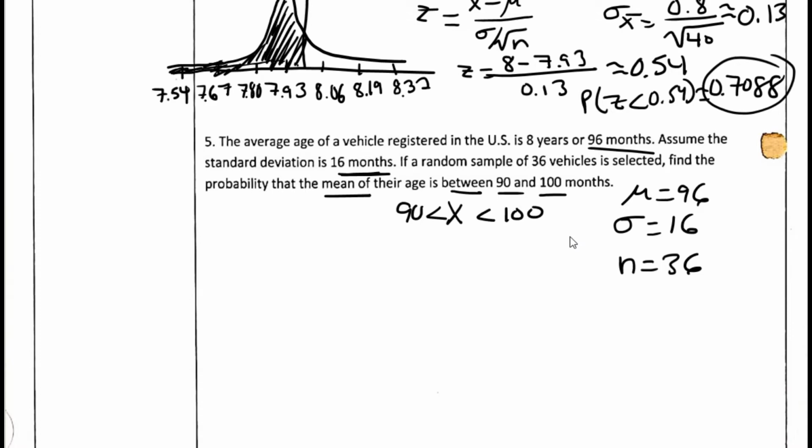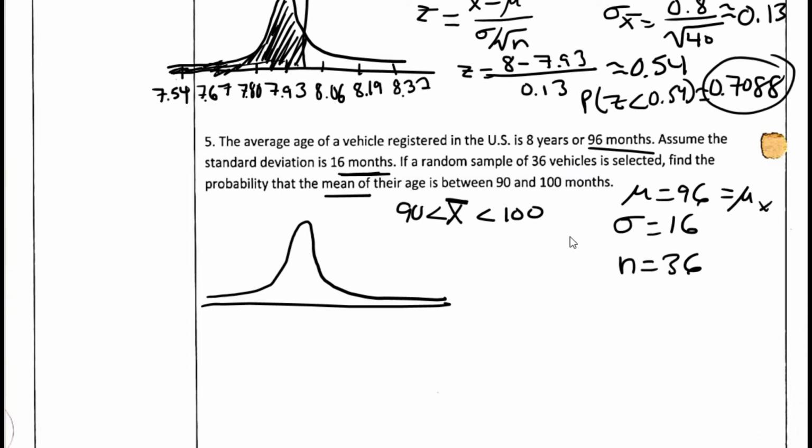So that means we're looking for 2 z-scores, 2 x bars. All right, so let's draw this out real quick. So we have the skinny bell curve, since we are looking at x bar. Okay, let me erase this because this is confusing with all the bars and underlines. We're looking at x bar. This is the same thing as the mu of x bar, so that's going to be 96 here.